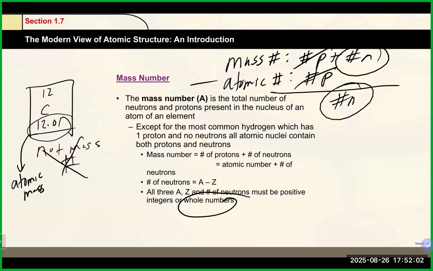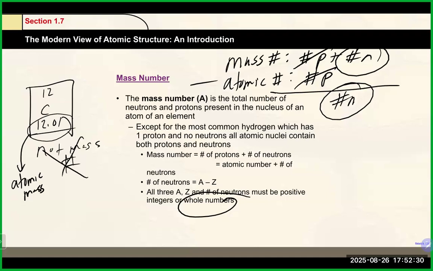And for straight up calculations, not too much in terms of using it for a calculation other than maybe figuring out how many neutrons and stuff like that. You could also use it, as we'll talk about, for atomic mass. That's where all those numbers on the bottom come from. All the naturally occurring isotopes of a particular element is where you get that number from. So the atomic mass is that number on the bottom, not the mass number.